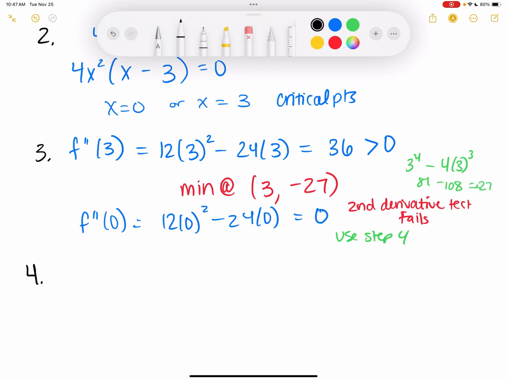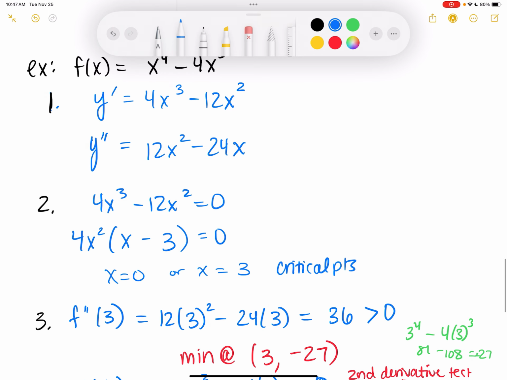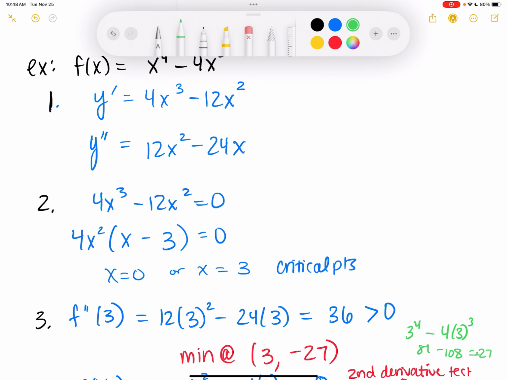So f prime of x as we go through 0, so my first derivative, if I say negative 1, then I've got that's negative and that's negative, so that's going to be negative.